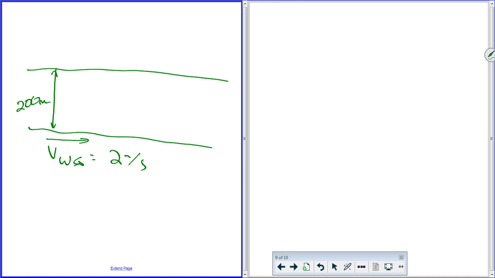Everybody good so far? A boat with a speed of 8 meters a second relative to the water leaves the south bank pointed 30 degrees west of north. So 30 degrees west of north is going to be kind of this way, right?